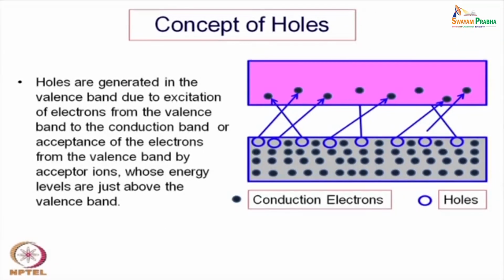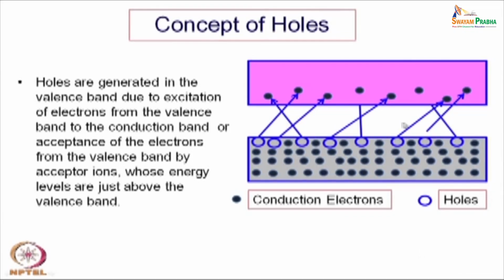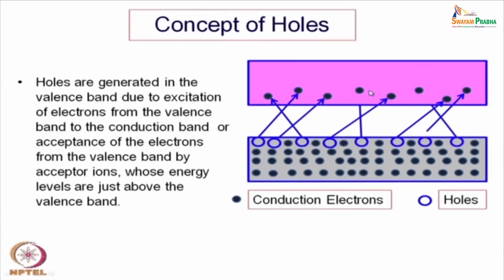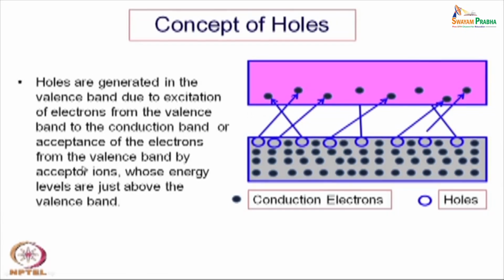This is the valency band, because the holes will always be created in the valency band, not in the conduction band. The conduction band will always give rise to electronic charge carriers, the free electrons.